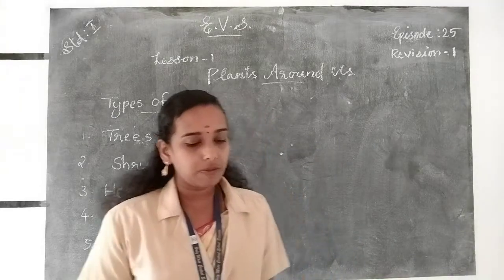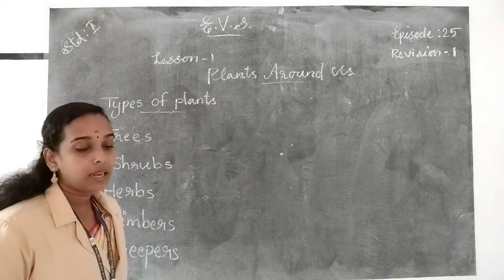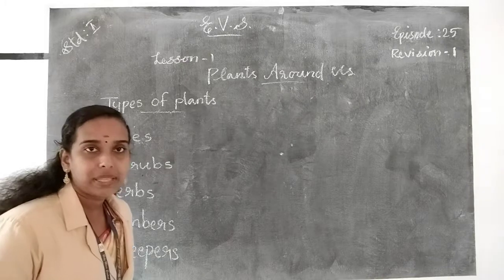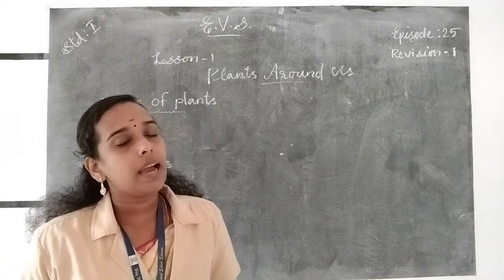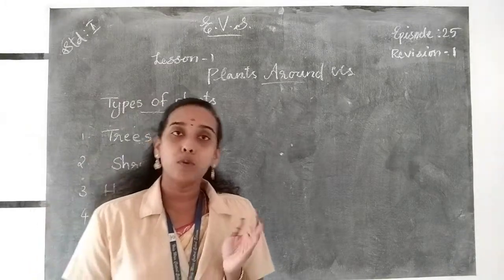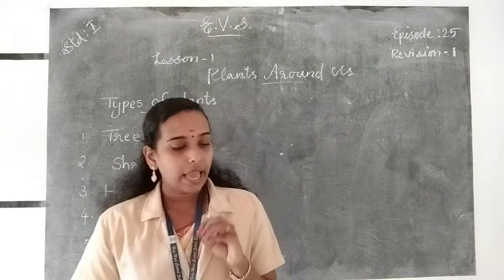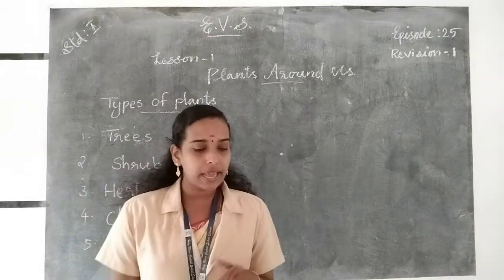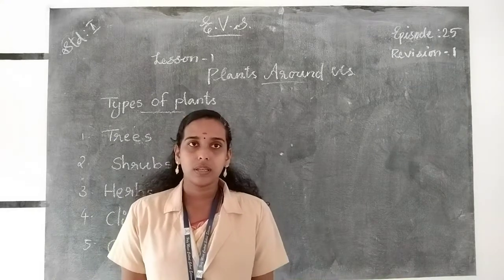Examples for shrubs are cotton plant, jasmine, rose, hibiscus, etc. They are bushy plants, and they have many hard stems rising at or near the ground.